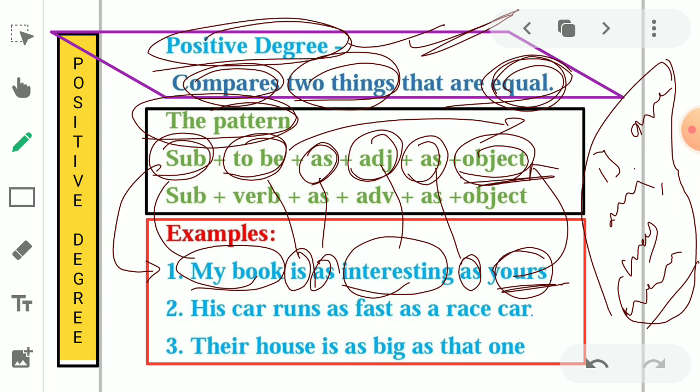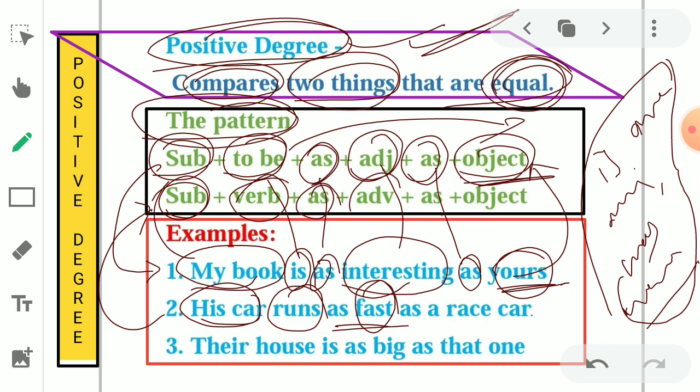When the second sentence is compared with the second pattern, the subject here is his car, then the main verb runs, as, that is common in positive degree. In between we have fast, here fast is used as an adverb.